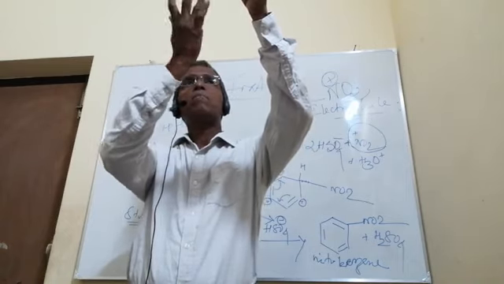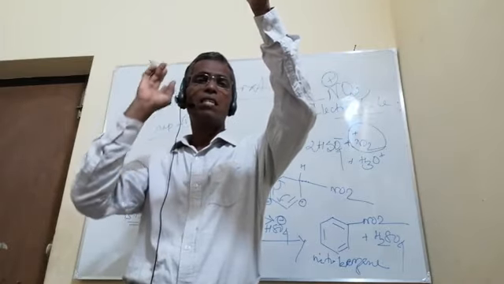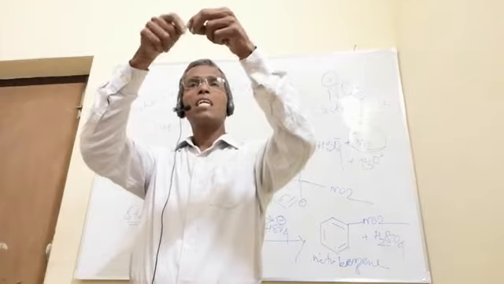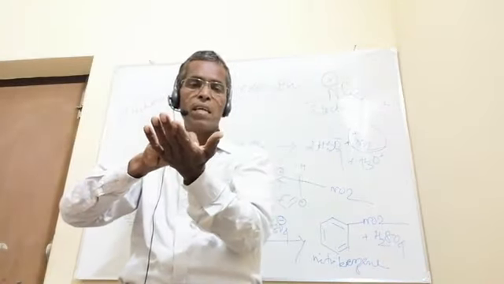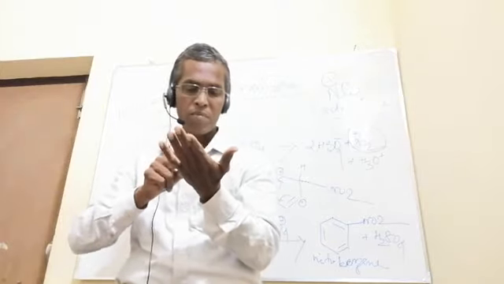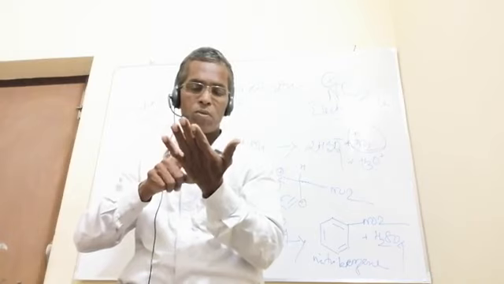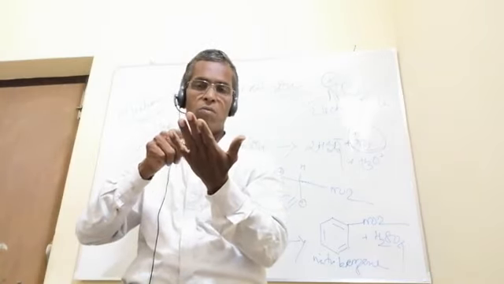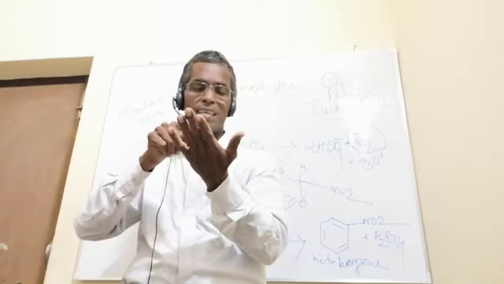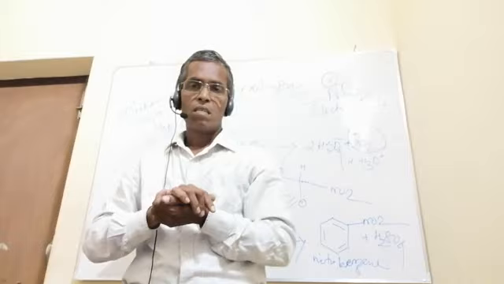You can see as a deposit over the surface of your boiling tube, or the surface of this particular test tube. You scratch all these needles and put over the paper and see this again. You can see the beautiful crystals. This is your pure nitrobenzene. I repeat, this is your pure nitrobenzene. This is the recrystallized sample of your nitrobenzene.